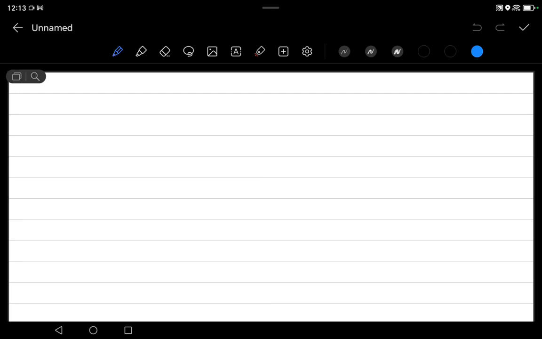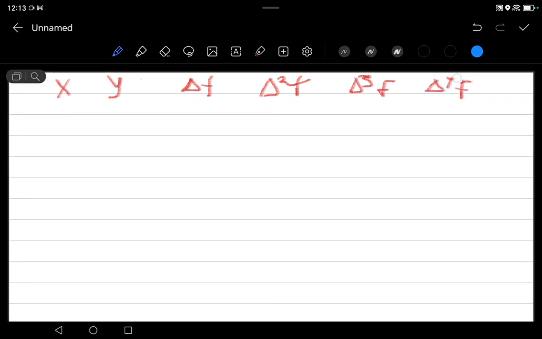So here we had x, we had y, we had change in f, change squared f, change cubed f, and change to the power 4 f.